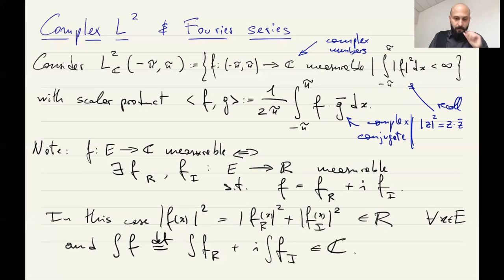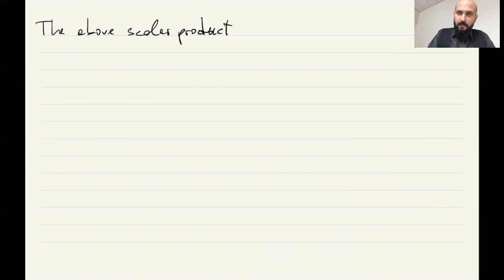Now what does it mean that we have a scalar product? It is going to be linear in the first entry, but not linear in the second one because of this conjugation. The above scalar product, and these are the scalar products that one considers in complex vector spaces, is valued into C, a complex number, and it is not bilinear, but what is called sesquilinear.